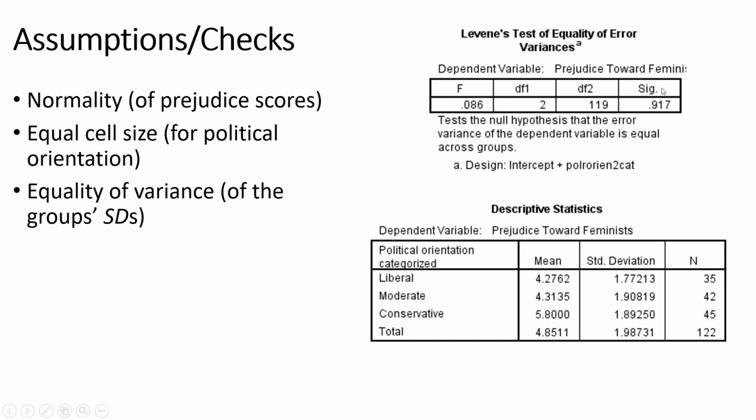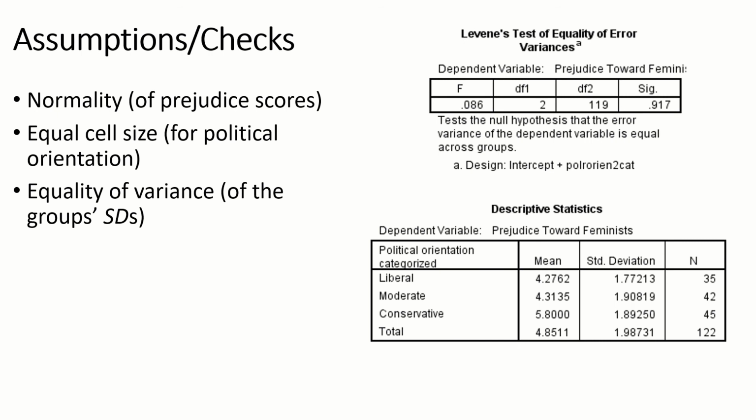We want to zero in on the significance value for Levene's test. We want Levene's test to be non-significant, because that would mean that these standard deviations are not significantly different from each other. We see that the p-value for Levene's test is 0.917, 0.912, so we are far away from the criterion of significance of 0.05.